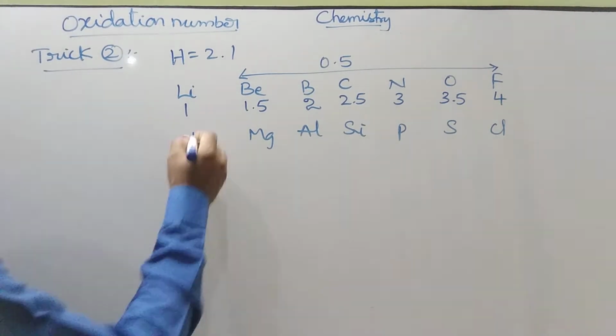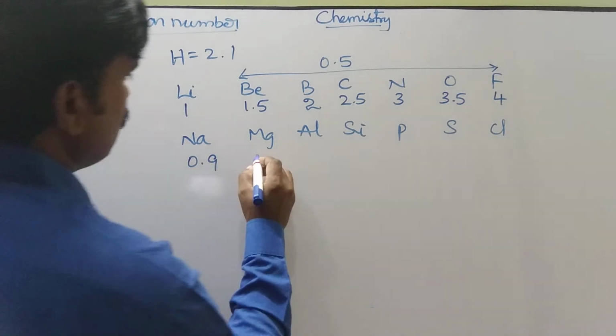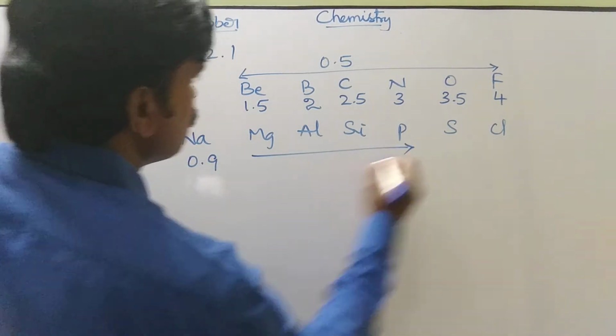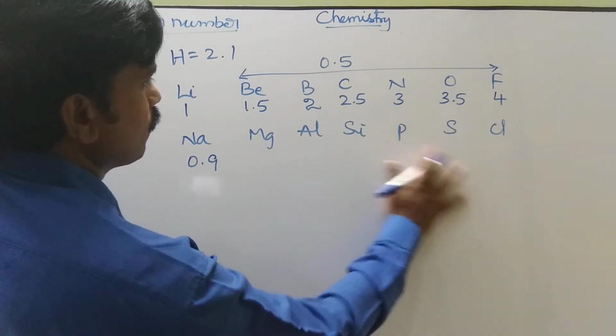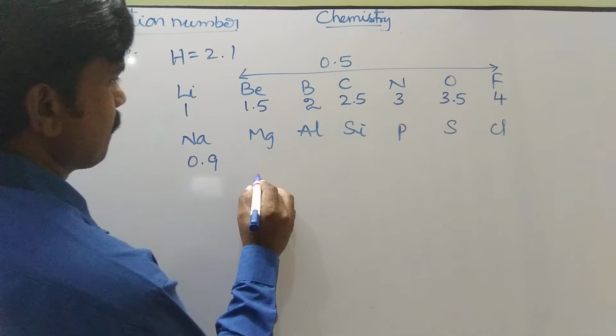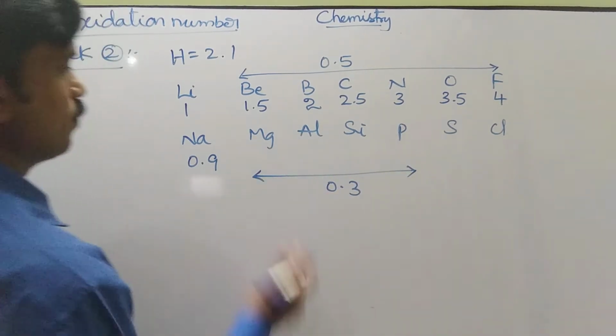Next, sodium electronegativity value is 0.9. From magnesium to phosphorus, you should add 0.3.